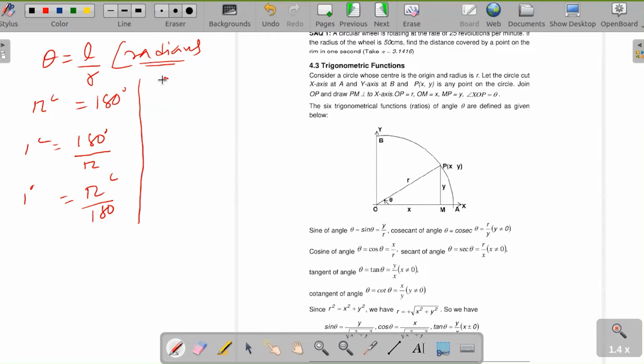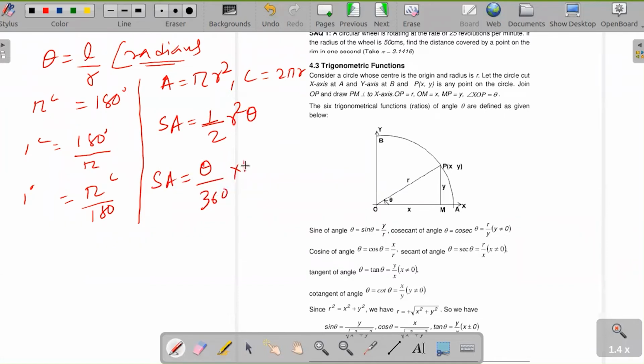Area of circle we already know is pi r square, circumference is 2 pi r, and we learned sector area, that is half r square theta, and that is theta by 360 into pi r square. These are all.